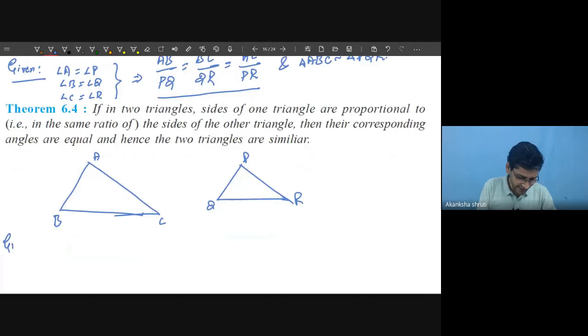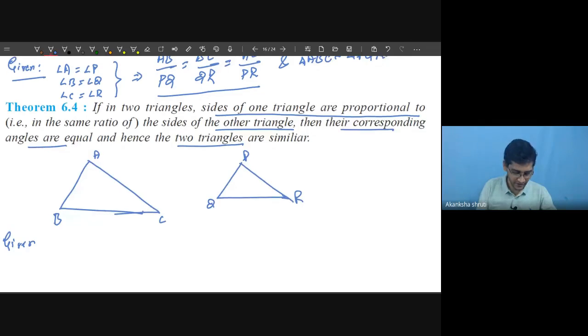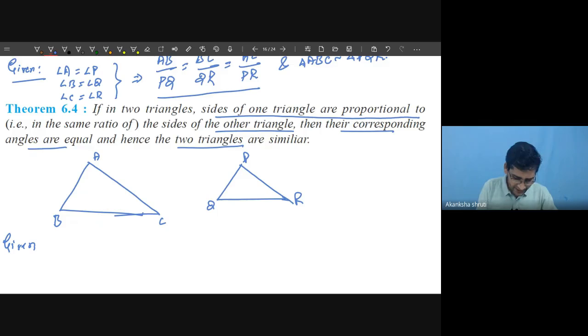Then what is given here? The given condition is, read this theorem: if the sides of one triangle are proportional to the sides of the other triangle, then corresponding angles are equal and hence the triangles are similar. It means here it is given that AB by PQ is the same ratio as BC by QR, and this has the same ratio as AC by PR.